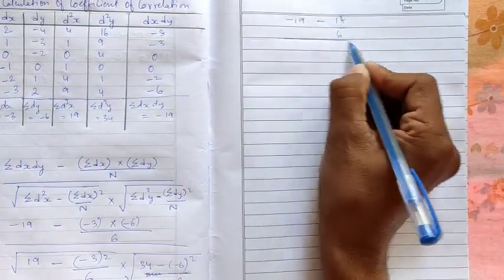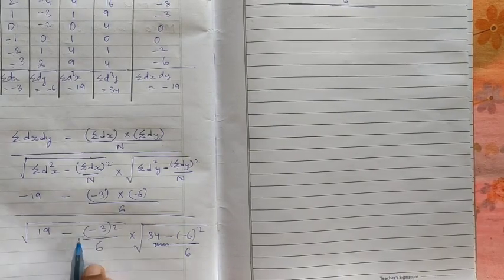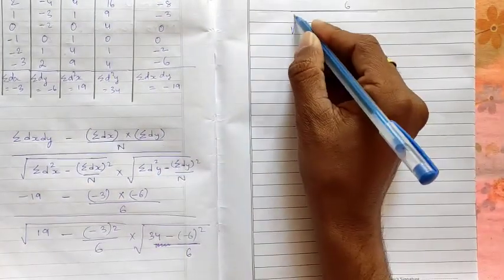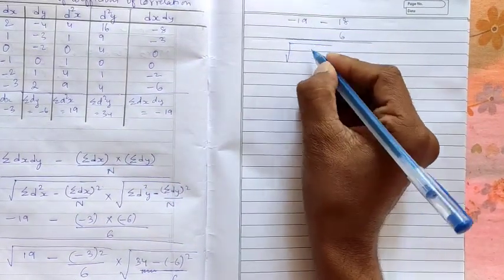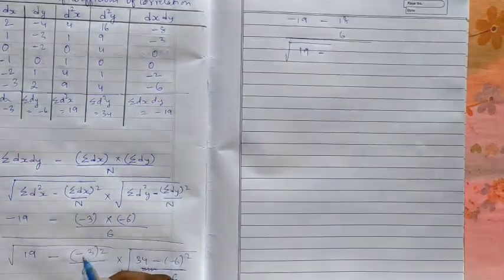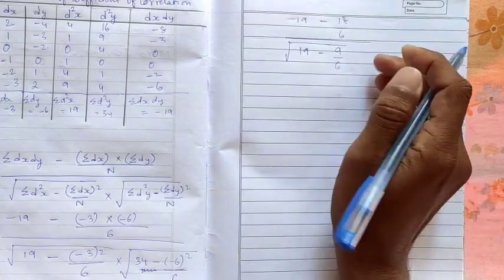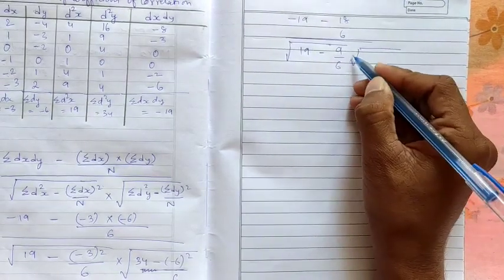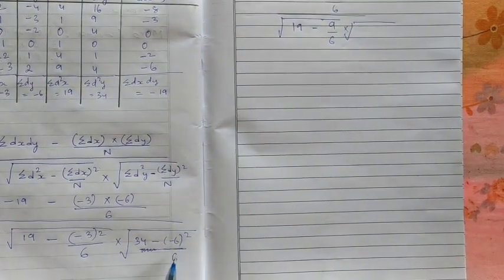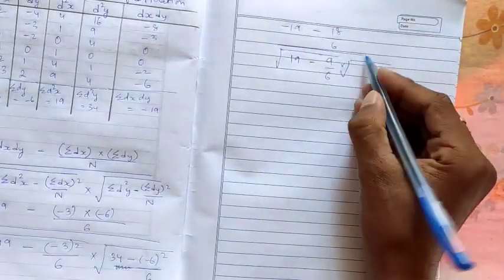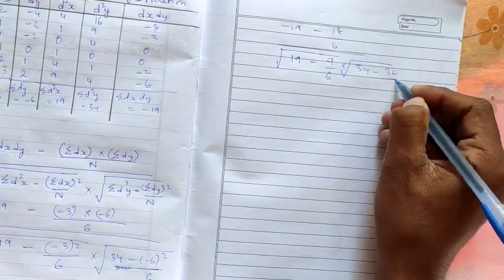Divided by under root 19 minus 3 the whole square, that is 9 by 6. Clear? Multiplied by under root 34 minus 6 square by 6, so 34 minus 36 by 6.